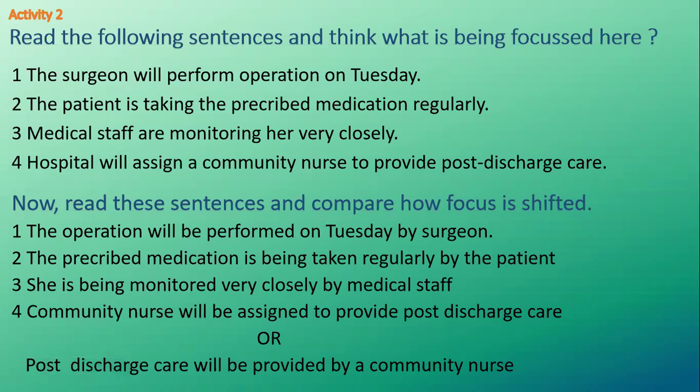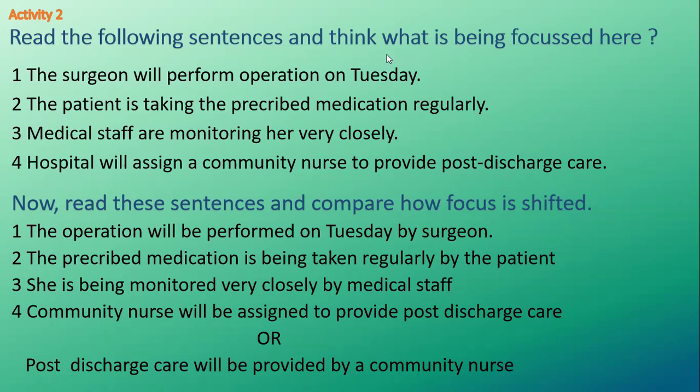Take your time, read these sentences and try to understand how in OET letter, on the basis of what part of information you want to focus, you keep changing the sentence structures. If you want to focus on a particular plan, you can say post-discharge care will be provided by community nurse.